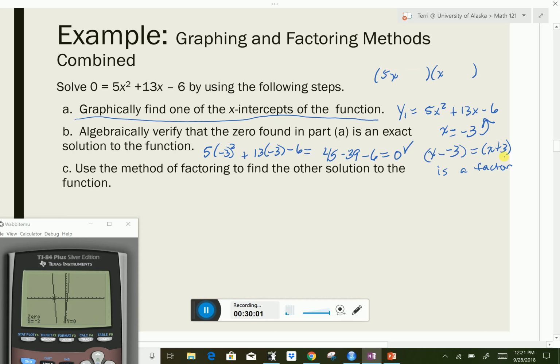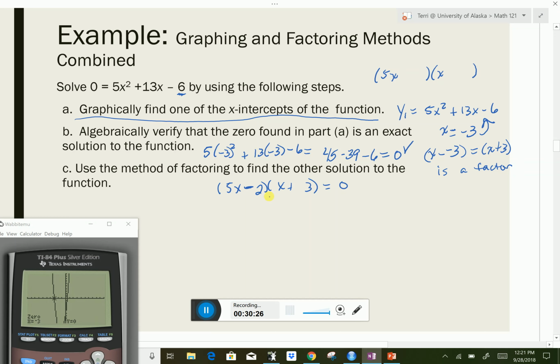So now we know that x plus 3 is one of the factors of this, and we know what the other one is. The other factor of 6 is 2, and it has to be a negative 2 times a positive 3. So we know this is negative 2.